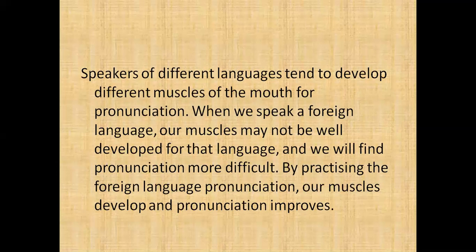Different languages tend to develop different muscles of the mouth for pronunciation. As I said earlier, all languages have different muscle movements, that is, of the mouth and different parts of our body.